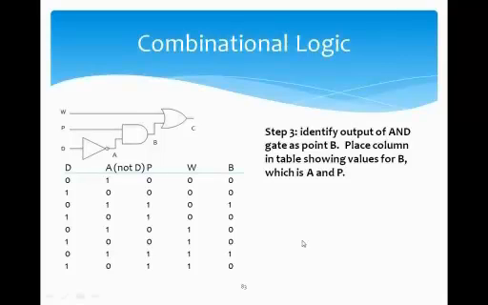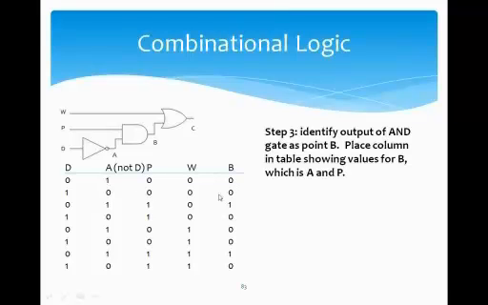Let's identify the output of this AND gate right here. This AND gate I label point B. I want to find out what point B is relative to all its possible input combinations. Its inputs are A and P. A and P feed that AND gate, and B is its output. So now I'm looking at all possible combinations of A and P, and anywhere I've got a 1, 1, I'm going to have a high output. So there's a 1, 0, that produces a 0 output.